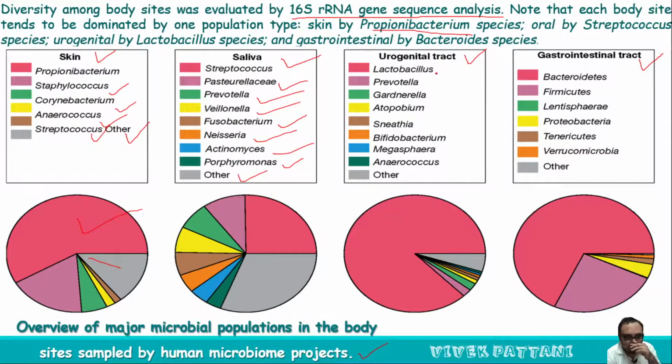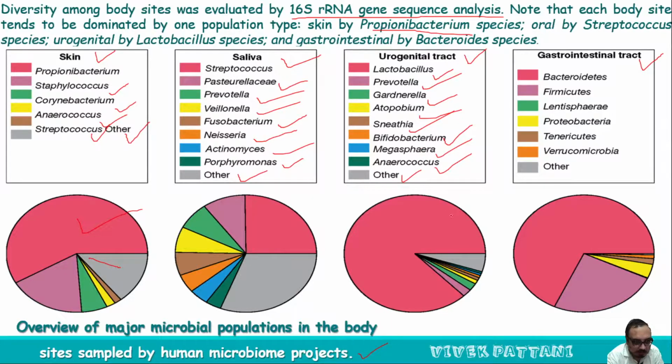And in the case of the urogenital tract, Lactobacillus is one of the common ones, but it depends on male and female also. The composition depends on the male and female ones also. Next comes Prevotella, then Gardnerella, Atopobium, Sneathia, Bifidobacterium, Megasphaera, Anaerococcus, and the rest are other ones.